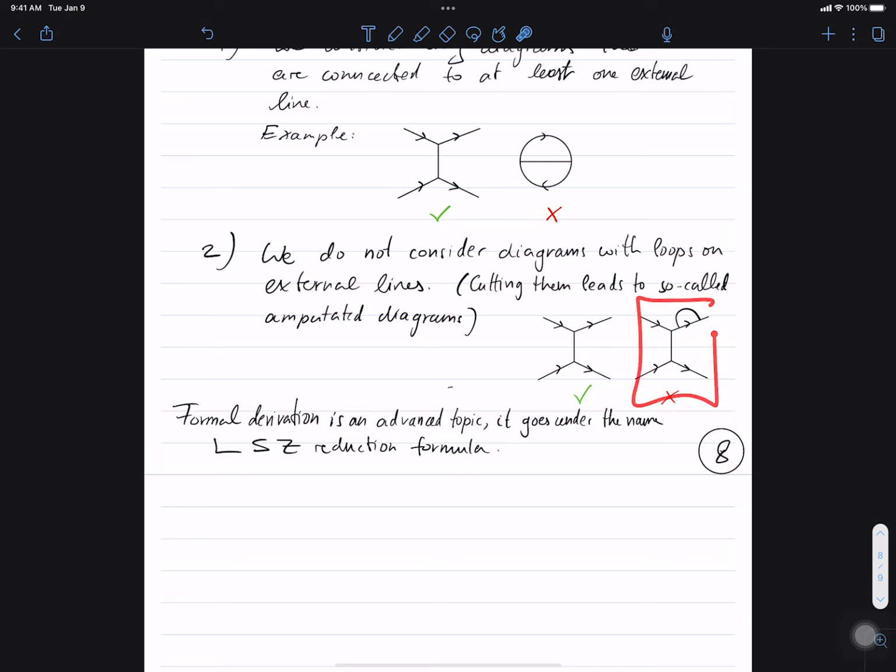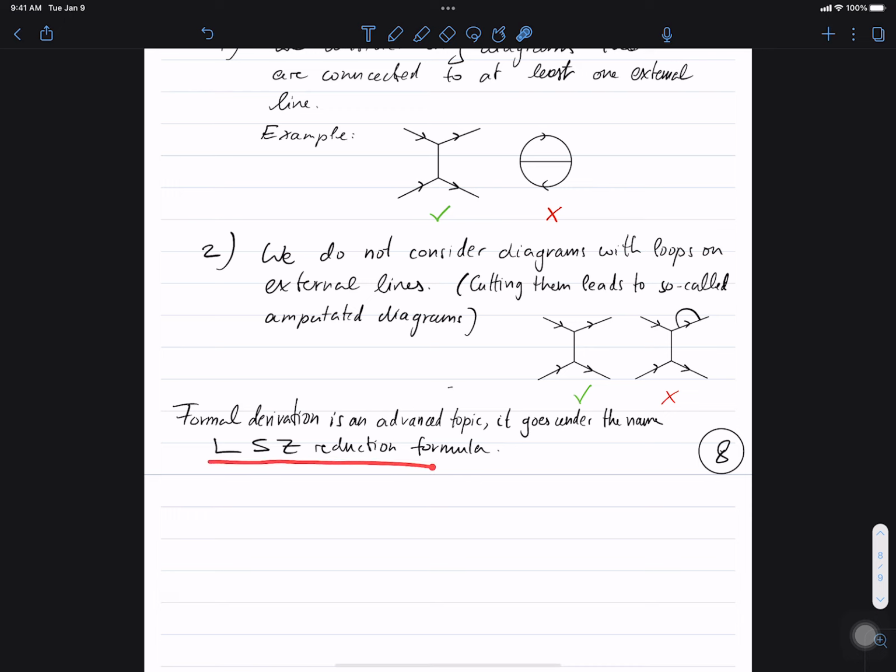The loops on the external lines are also not considered in diagrams. When you cut off these kind of loops on external lines, it's called amputation of the loops, an ugly name, but this is called an amputated diagram. So you are not considering any loops here, but you could consider loops on internal lines. This statement can be made precise, and in an advanced QFT course one can go through all the derivations, or there is a nice discussion in Steven Weinberg's book on this topic.